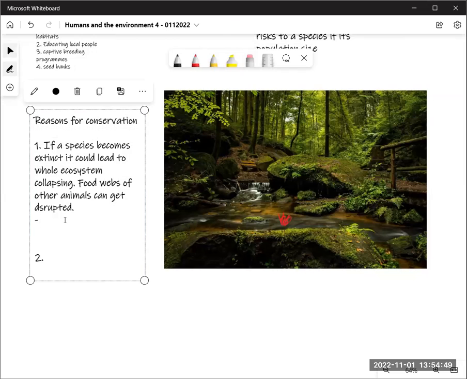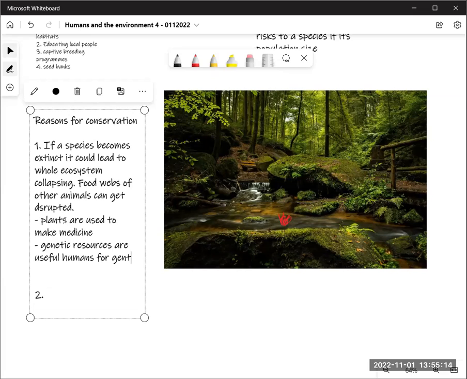Let's start with medicine. Plants are used to make medicine. Genetic resources are useful to humans for genetic engineering.